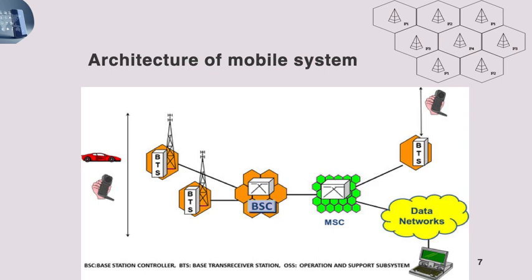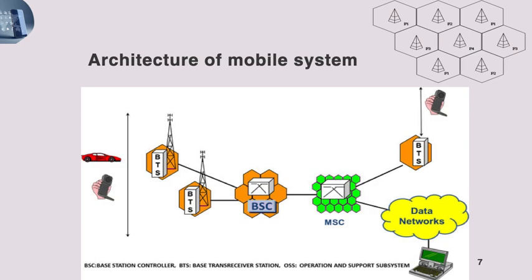So the laptops are connected or directly communicated with the MSCs or other base transceiver stations where the requested client is being located. So this is the simple architecture of a mobile system, how a mobile call is carried out or voice communication takes place or data communication takes place.